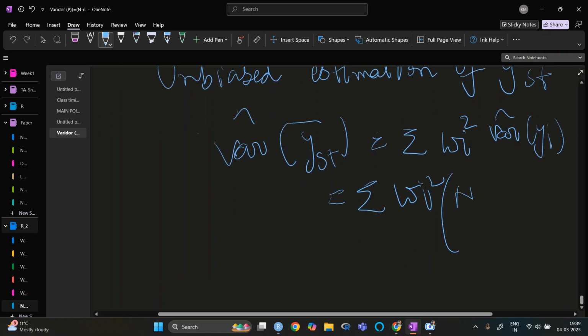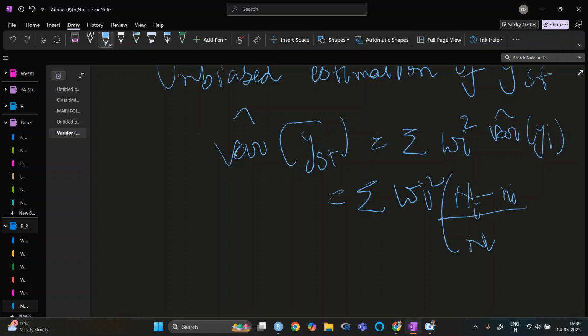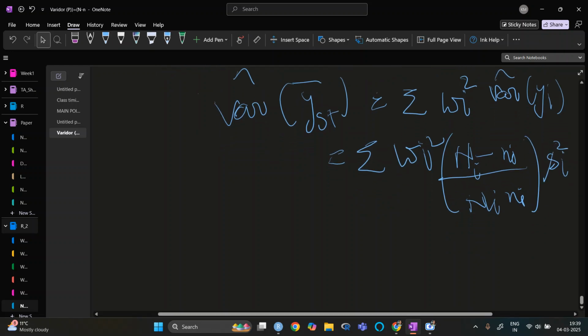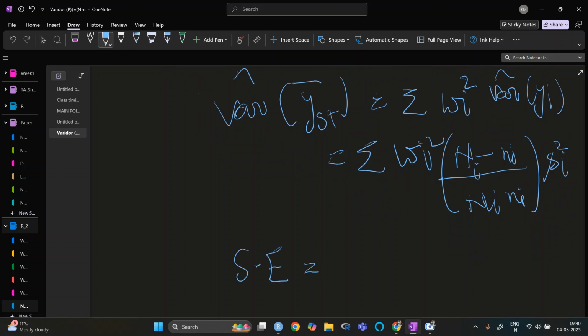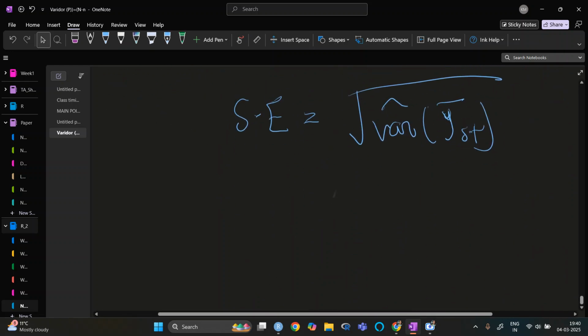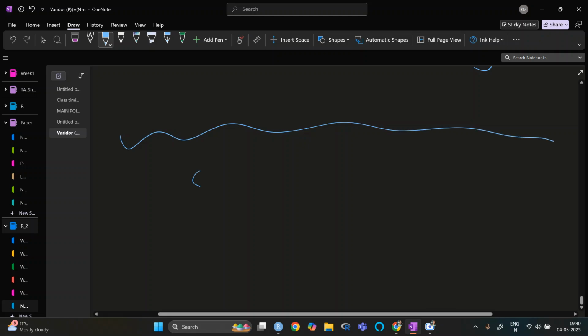This one is Ni upon Ni, and ni times ni, and this one is the variance cap, which I am writing with small s square. We can find the standard error, which will be equal to the square root of the variance cap of y bar st. Okay, so this one was for SRSWR.